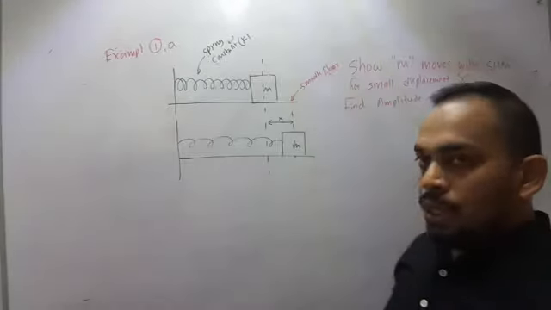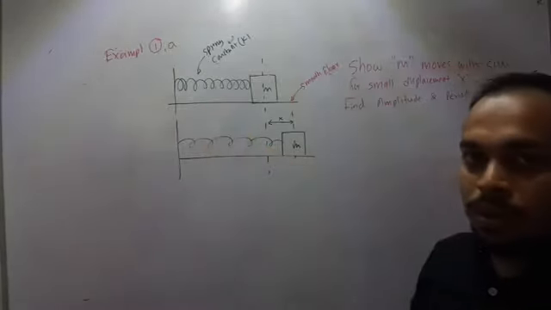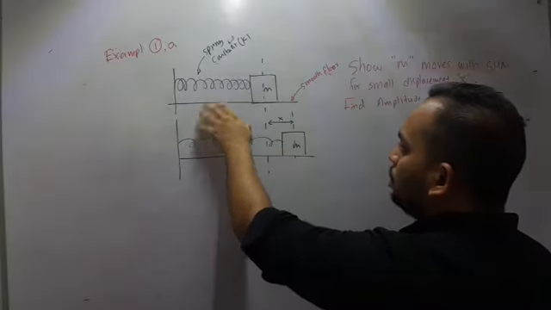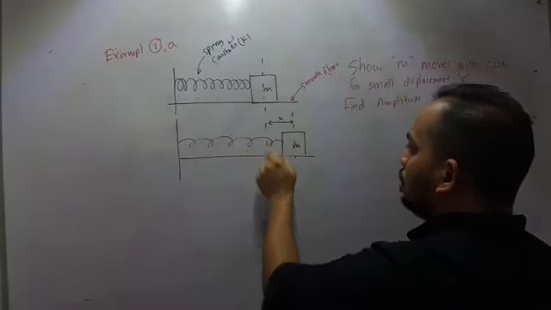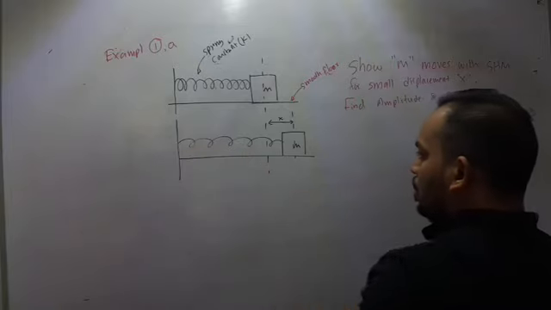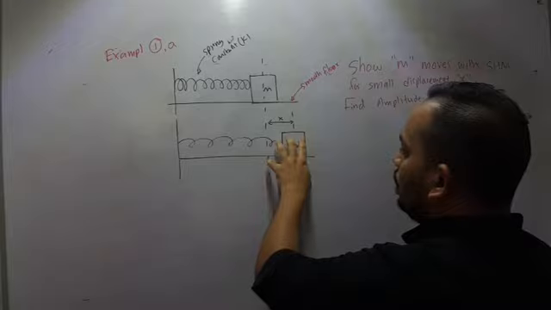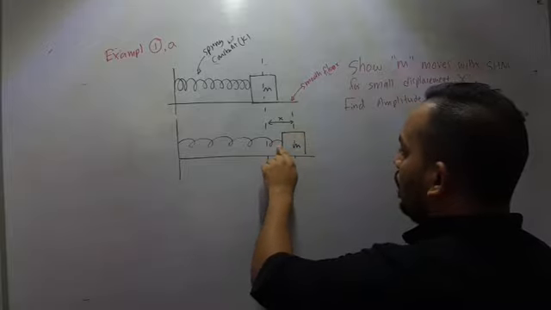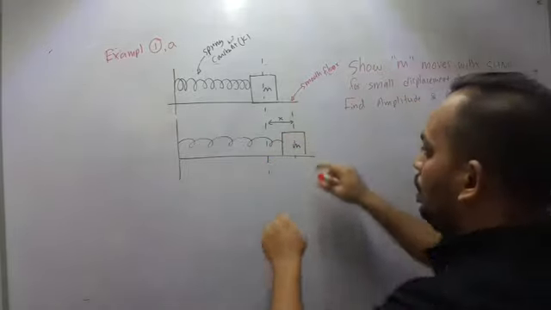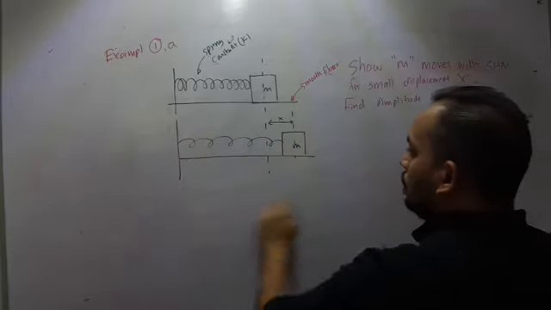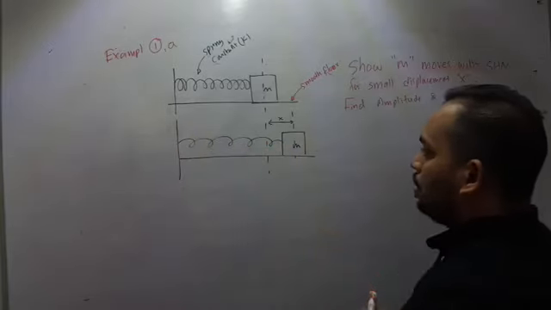So when you do that, you just make a sketch of the original diagram. Then just make another sketch showing when the particle is experiencing a force, right? That means under tension, a situation where the particle is under tension.